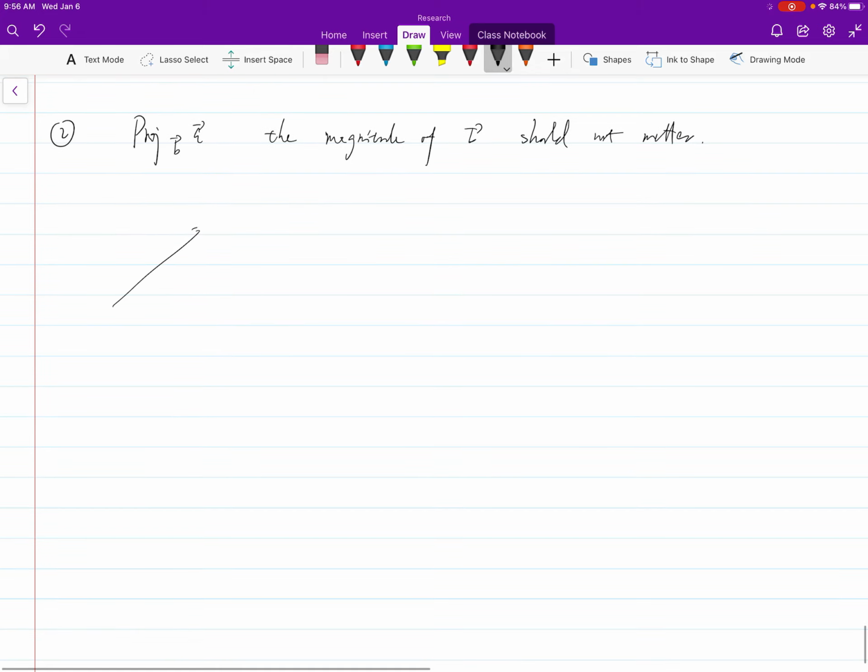Let's say we have A and you want to project that thing onto this B. You have the same A, but a different B in both cases. What is the projection of A onto B?